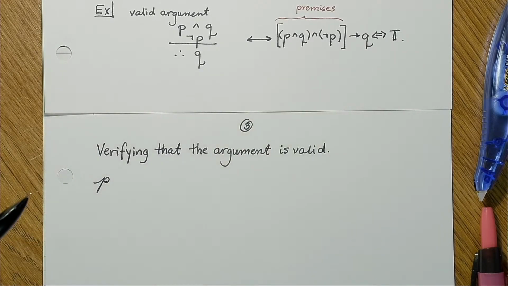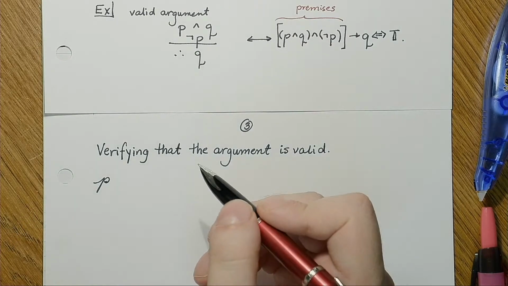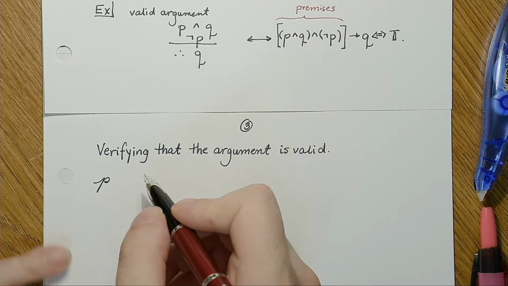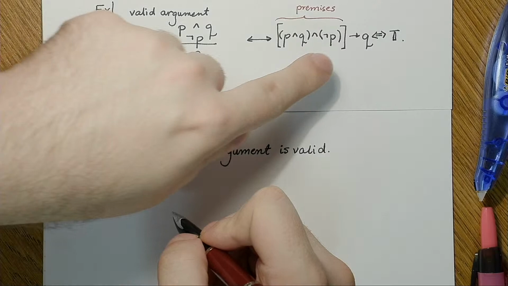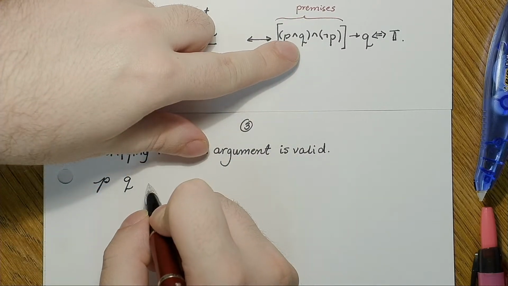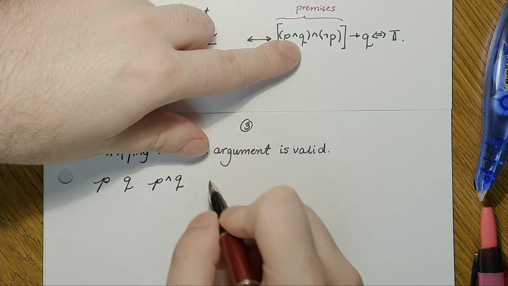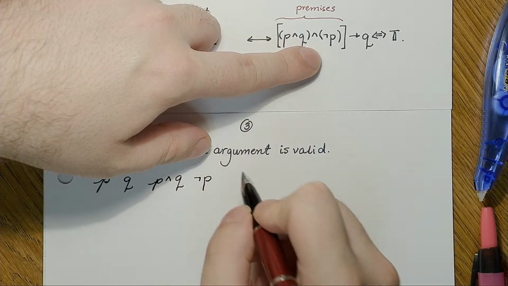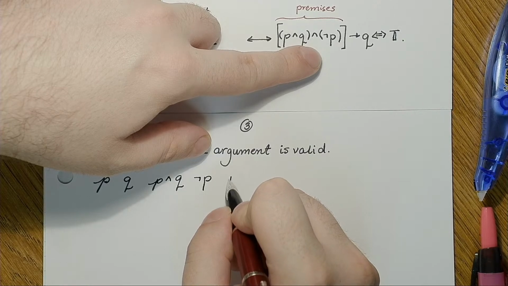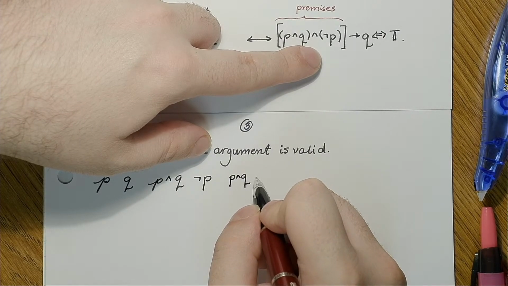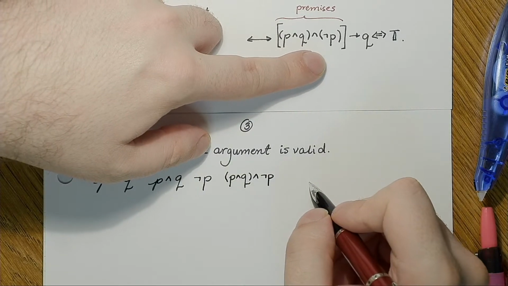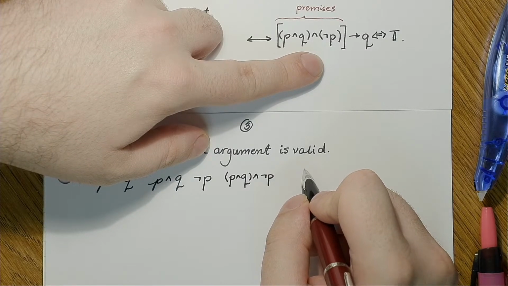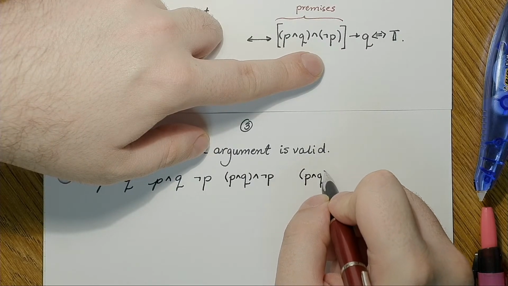Okay, so it reconnected. And so I have P, I have Q. So I'm just slowly working my way. So I have P and Q. I have not P, and then I'll do those together. So I get the P and Q and not P. Then I'll do the last one, which is P and Q.